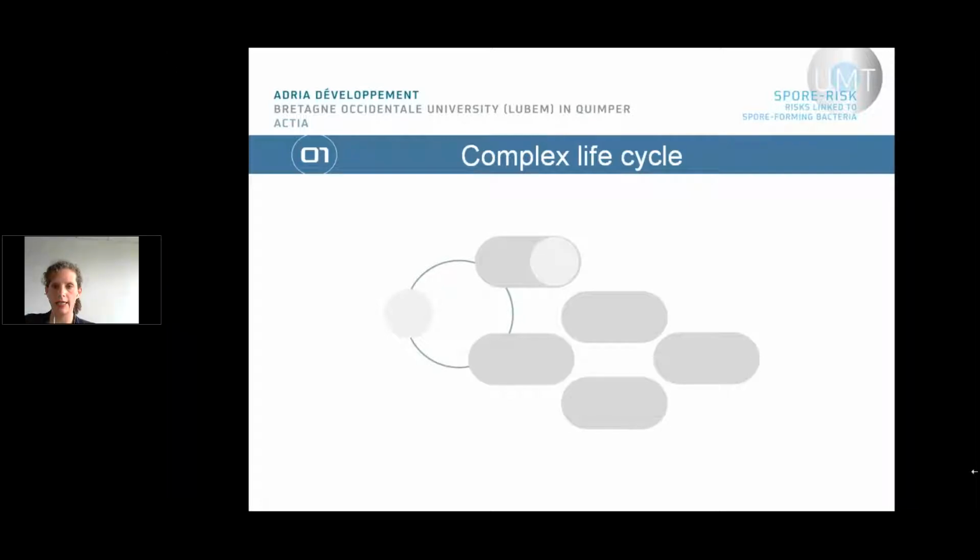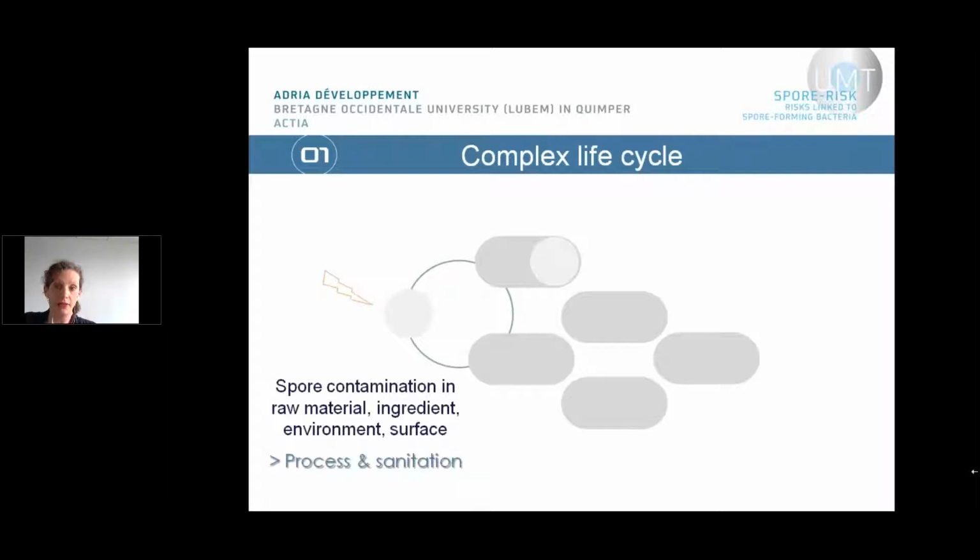First of all, the life cycle. Spore formers have the ability to form spores. Spores are these highly resistant states of the bacteria. Spore contamination occurs in raw material, ingredients, environment, surfaces. This is leading to issues regarding process and sanitation.